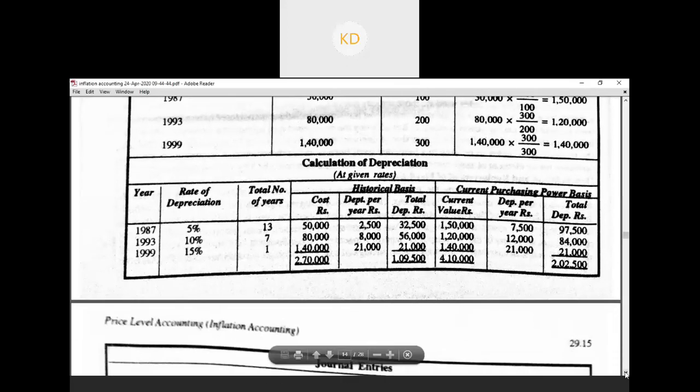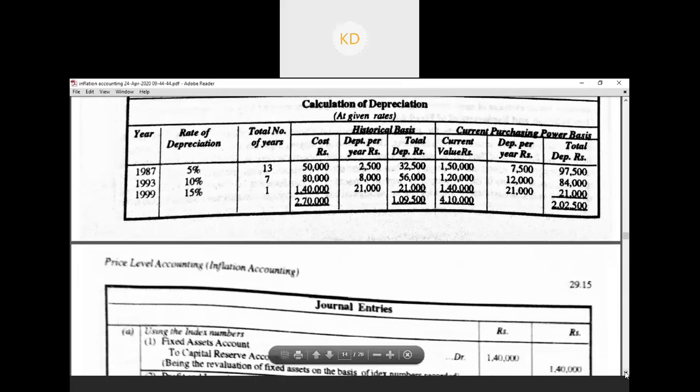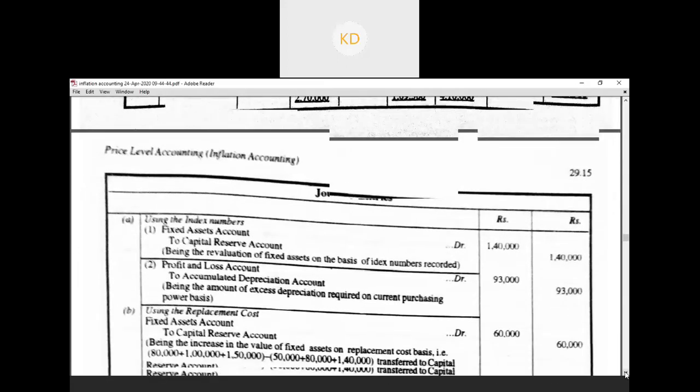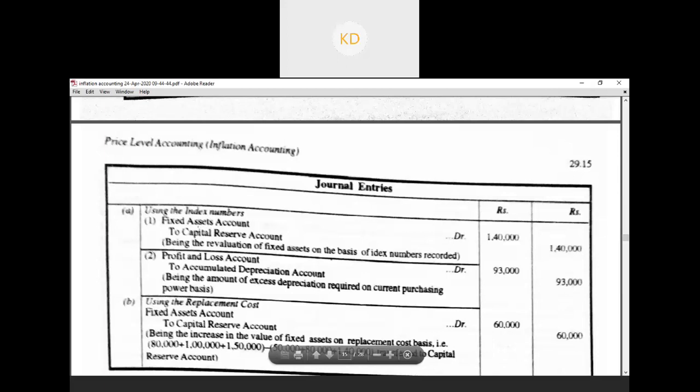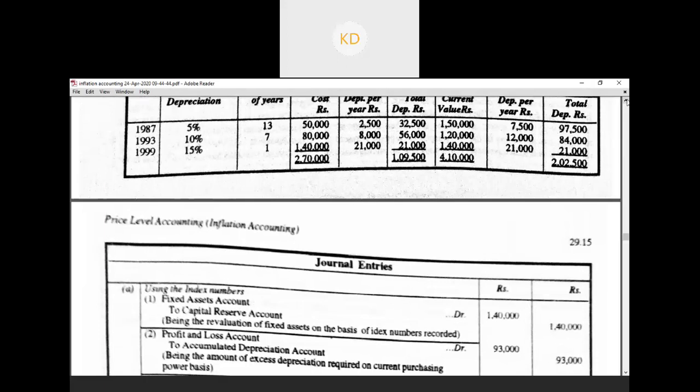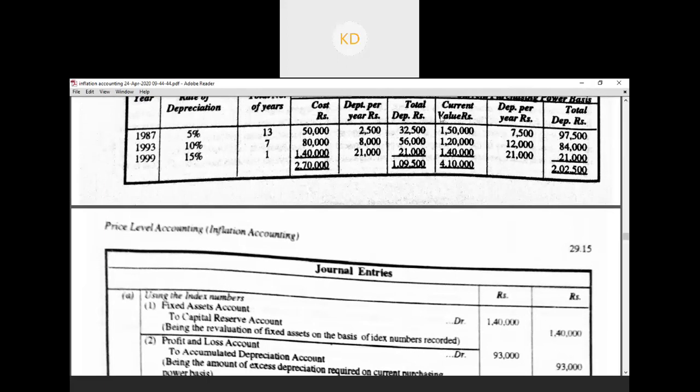According to the index method, if I am doing the calculation of replacement reserve, then how do I do it? Total fixed assets, on the basis of index numbers, it's coming to 1 lakh 40. What is this 1 lakh 40 I'm getting here? Total converted values are 4 lakh 10.